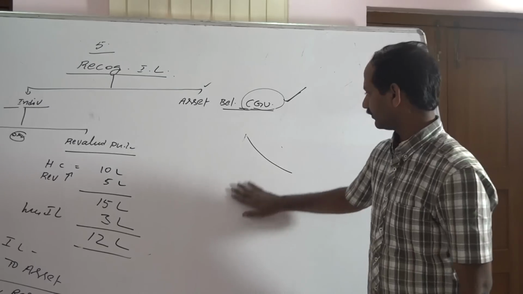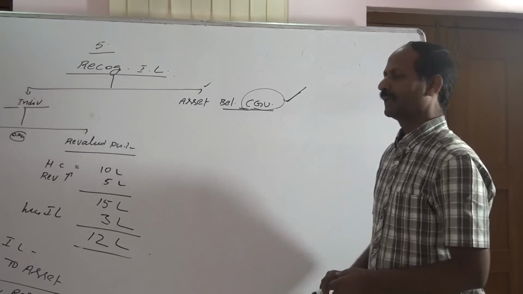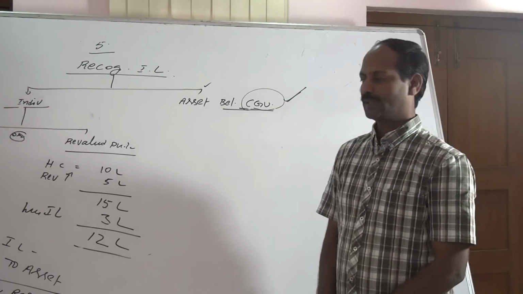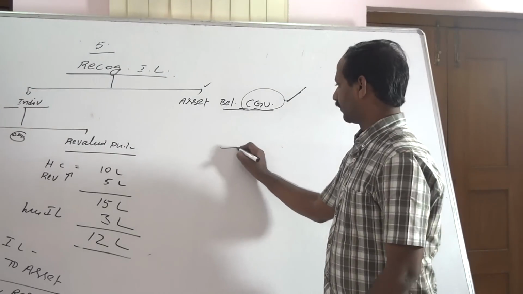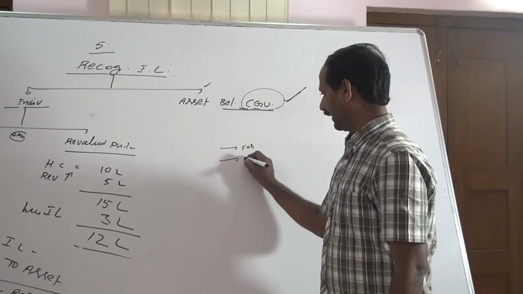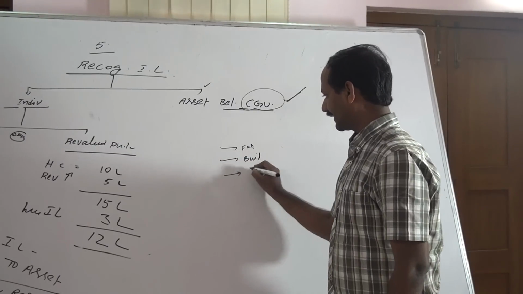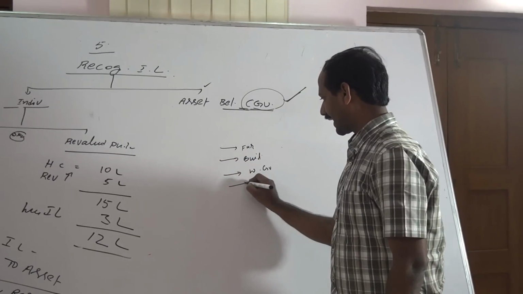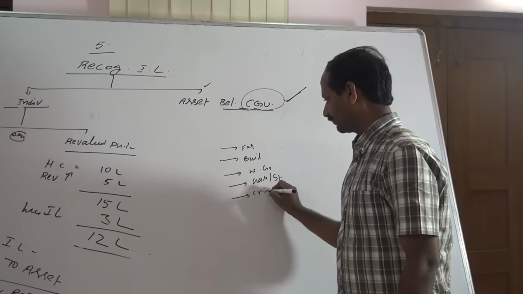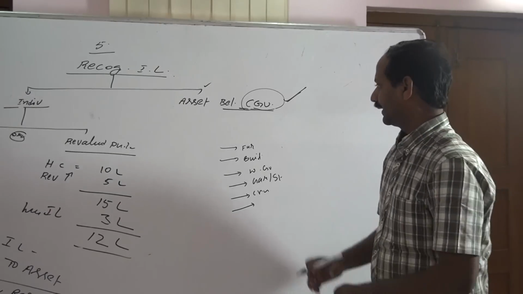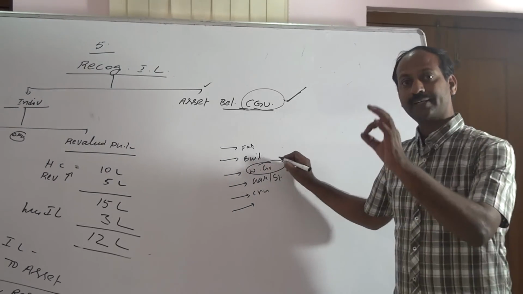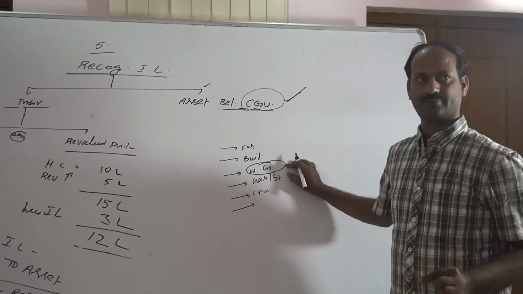Second one, suppose we are running one small restaurant. For that restaurant, we have furniture like tables, chairs, building, wet grinder, gas stove, crockery, etc. In this restaurant, the wet grinder by itself cannot generate cash.